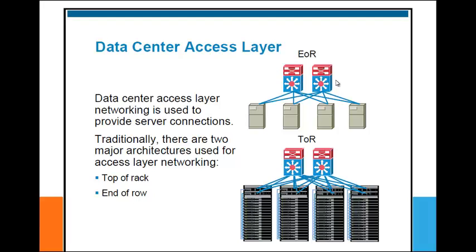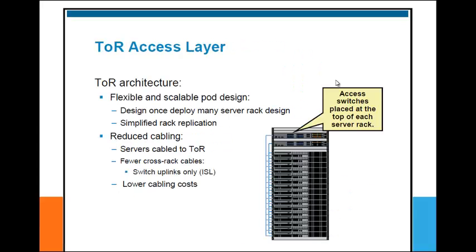By having fewer end of rack devices, we save money, plus less cooling and less power are needed. So that is a very good advantage of end of rack. And when we mix top of rack and end of rack, things are really going well. That's why we have this type of approach in our data center access layer.